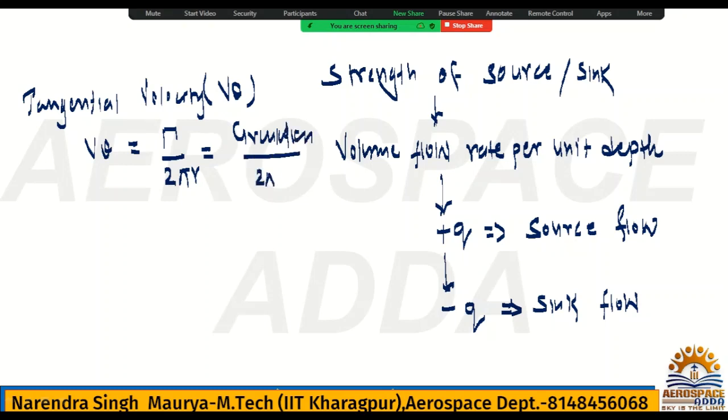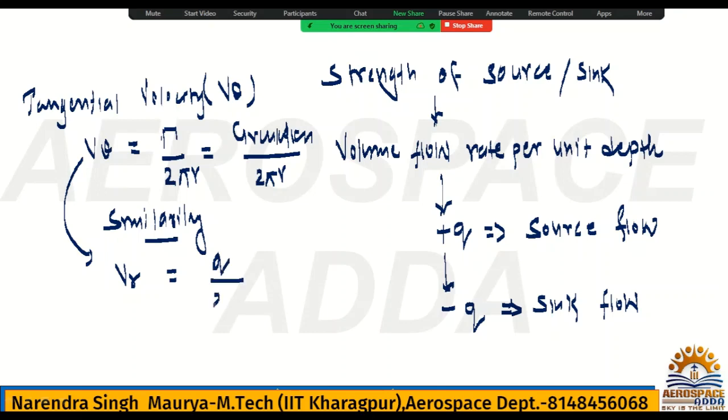Similarly, because here it is a source and sink with radial flow, not tangential, instead of tangential velocity we can write radial velocity, and instead of circulation we can write the strength of source divided by 2 pi r.